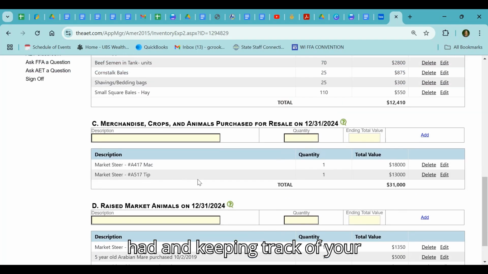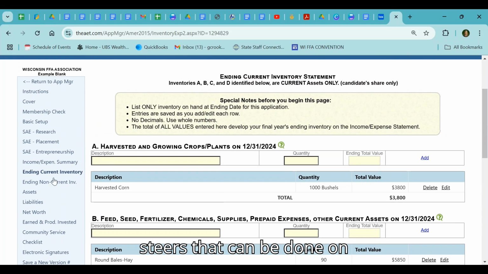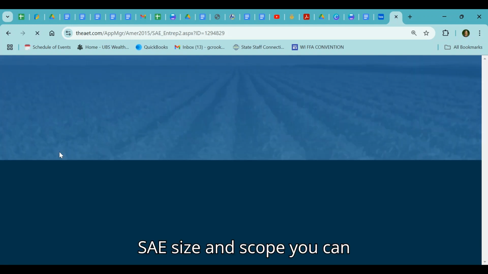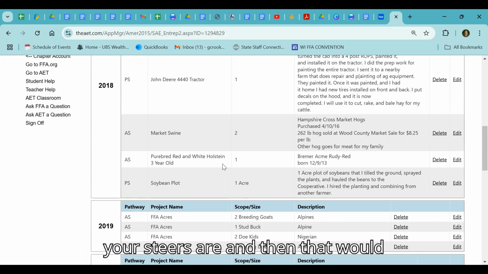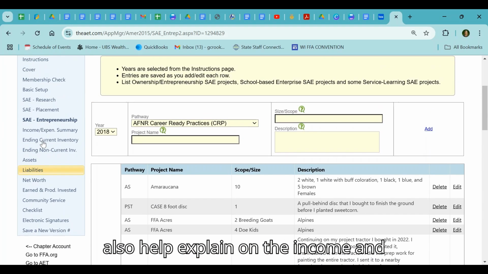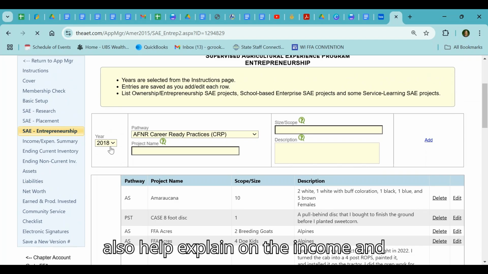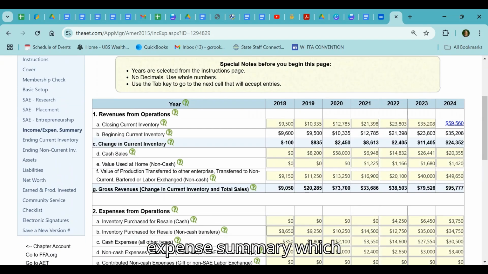And keeping track of your steers, that can be done on your entrepreneurship or your placement SAE size and scope. You can put in here where your steers are, and then that would also help explain on the income and expense summary which years you purchased those animals for resale.